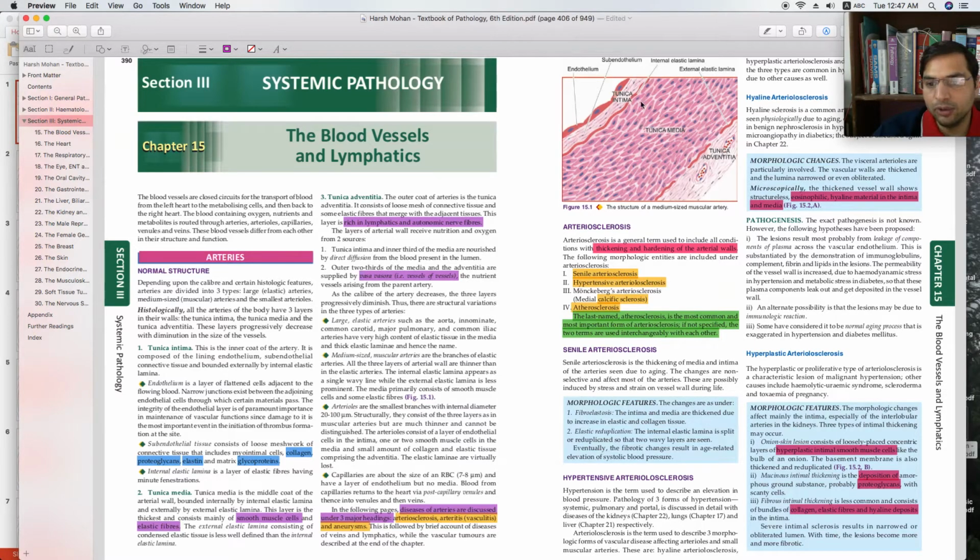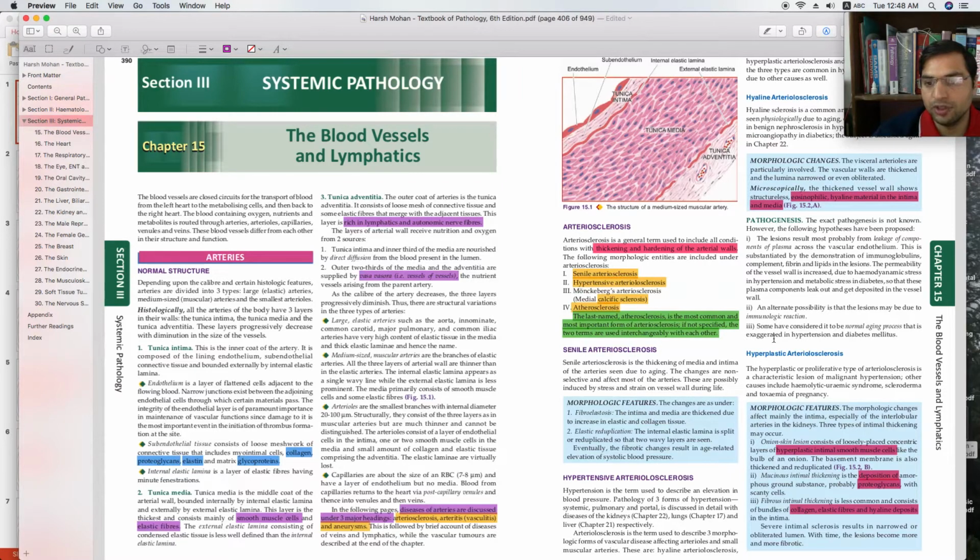They go into the tunica intima and proliferate here, and the tunica intima becomes thickened.